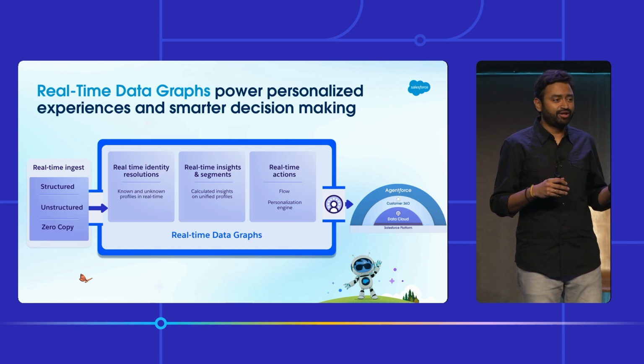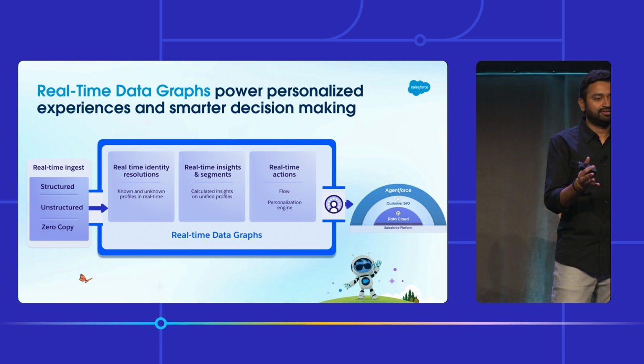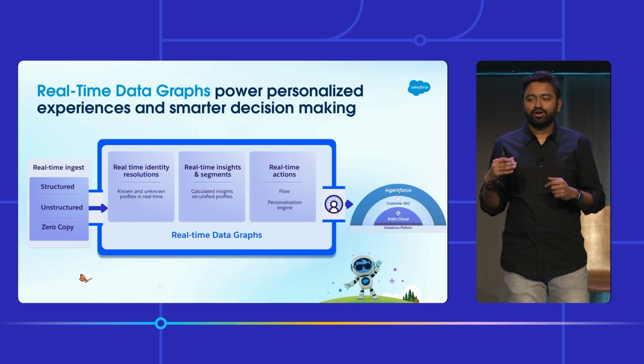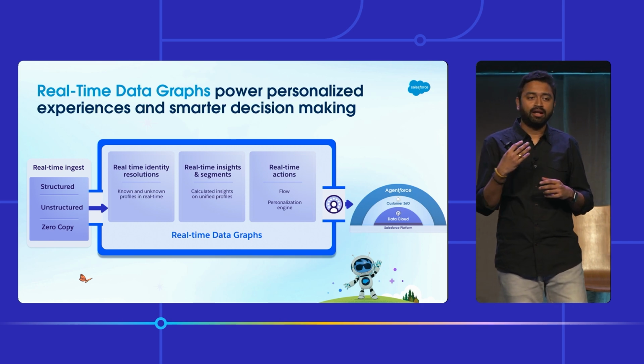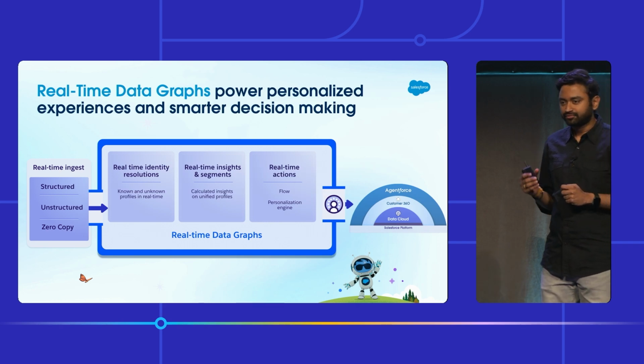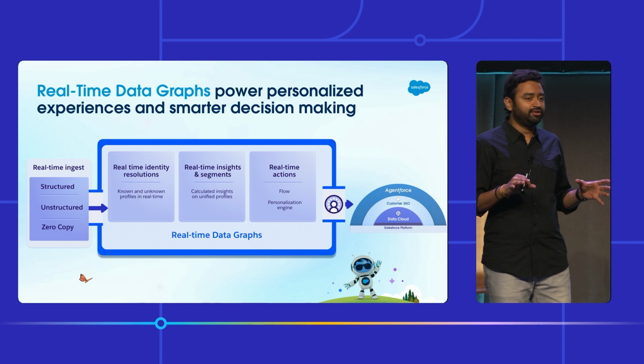Now, this is something that you have to do immediately. You can't wait for Data Cloud to process all of the data in, let's say, 20 minutes and then show the results to them. That's not going to work. So what we've done is we've added a real-time layer on top of Data Cloud to enable these real-time scenarios. The only caveat here being the real-time layer doesn't support all the use cases.